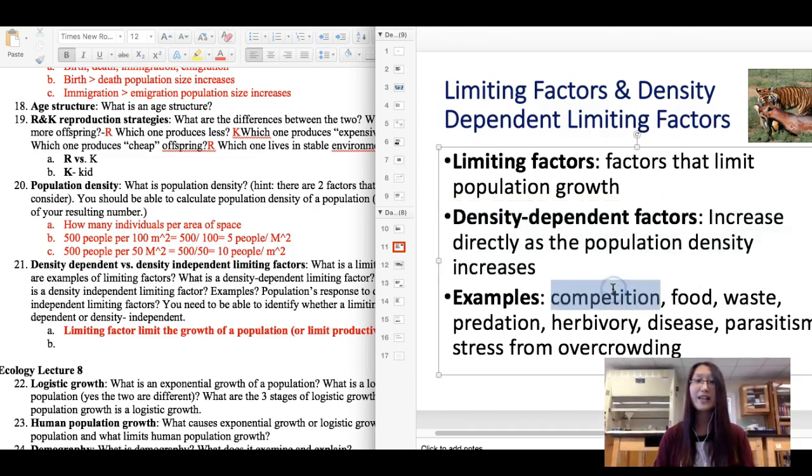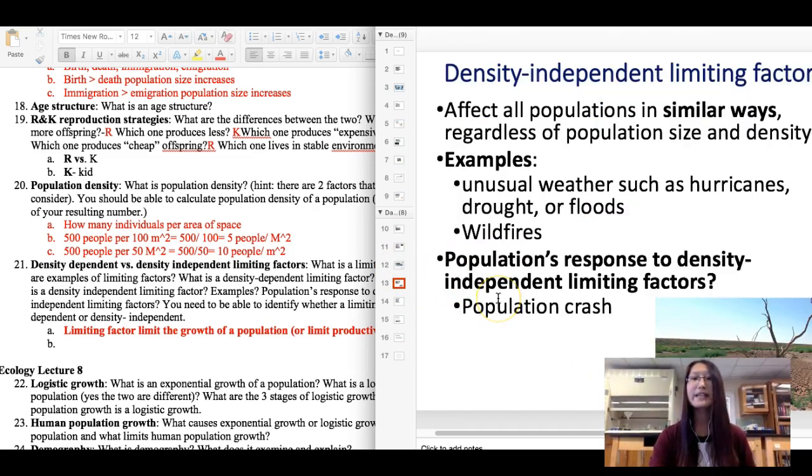So competition is also another density dependent limiting factor. All you have to think about is whether this factor changes because of how your population size is changing. If this factor, for example competition, increases as the population density increases, you would know that it's a density dependent limiting factor. Now we need to consider density independent limiting factors.